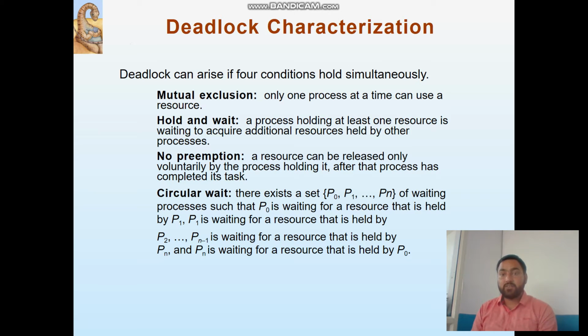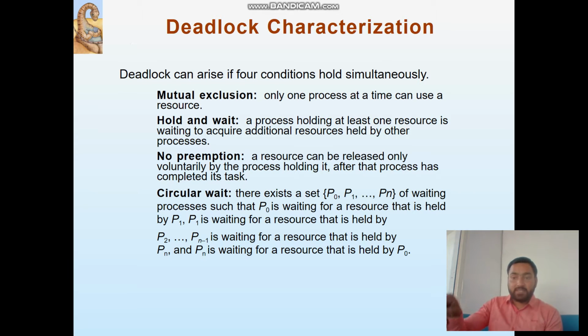Circular wait is a condition in which, suppose there are n processes in the system, and process P0 is waiting for a resource that is acquired by process P1, and process P1 is waiting for a resource that is acquired by process P2, and process Pn minus 1 is waiting for a resource that is acquired by process Pn, and in turn Pn is waiting for a resource that is held by process P0.